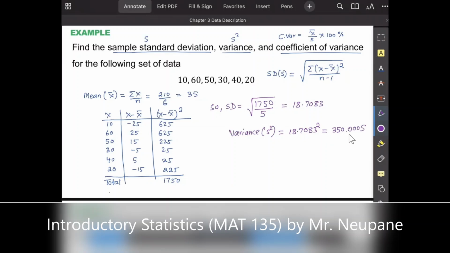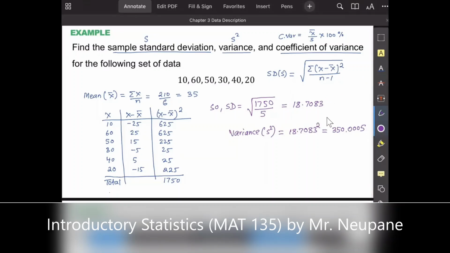I'm looking for answers up to 4 decimal places. 350.0005, I don't have 5. I have just 0, 0, 0. Did you type this one, 18.7083, and hit square? Yeah, then there's no 5. Okay, just a second here.